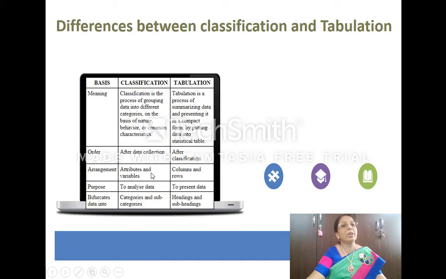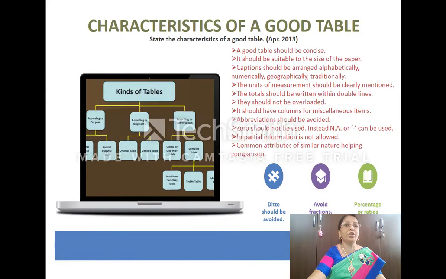Classification is arranged based on attributes and variables, and tabulation is in rows and columns. Classification is for analyzing data. Tabulation is to present the data. For classification you have categories and subcategories; tabulation has headings and subheadings. So this is the difference between classification and tabulation.